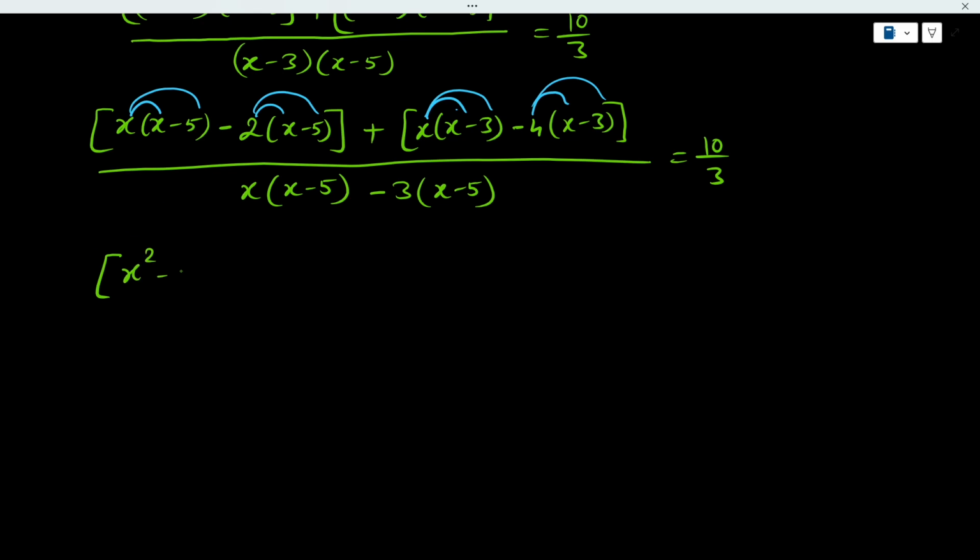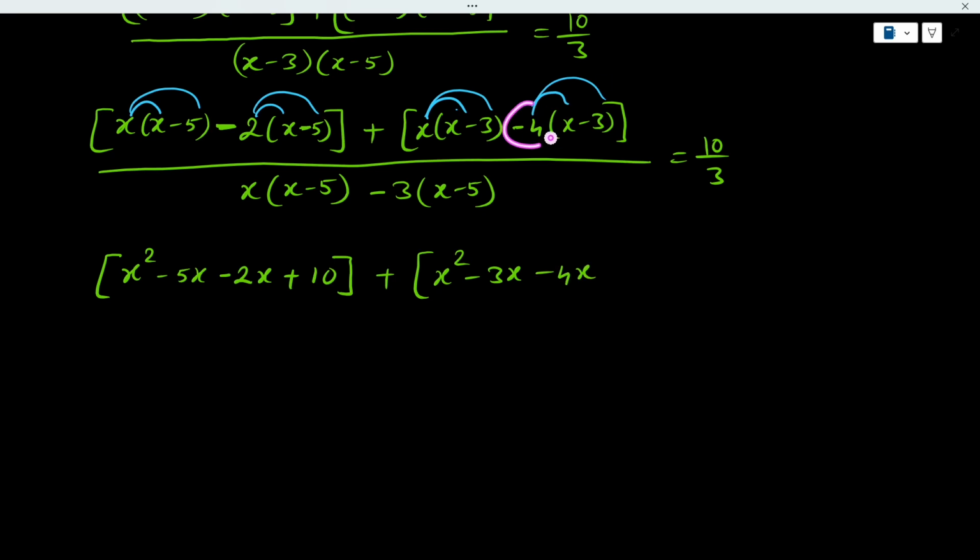x square minus 5x minus 2x plus 10. Here this negative and negative will become positive, right? Most of the time you make a mistake here. The product of minus 2 and minus 5 won't be minus 10. It is going to be plus 10, right? This is my first bracket close, and in the second bracket x square minus 3x minus 4x.